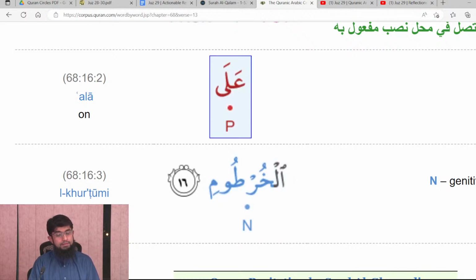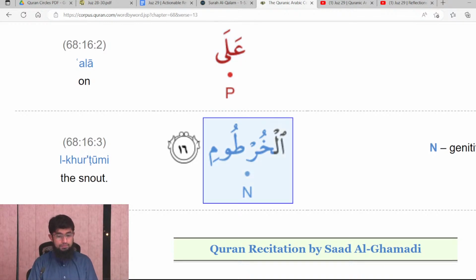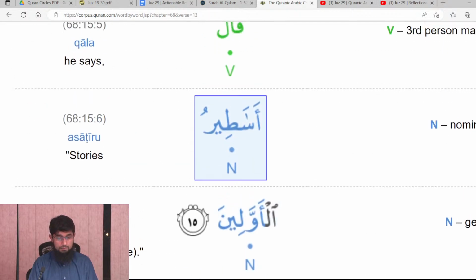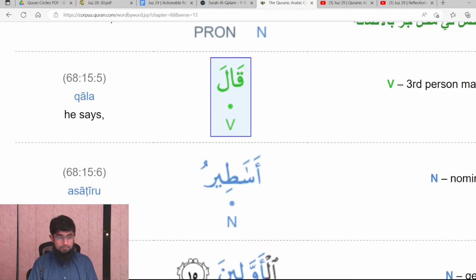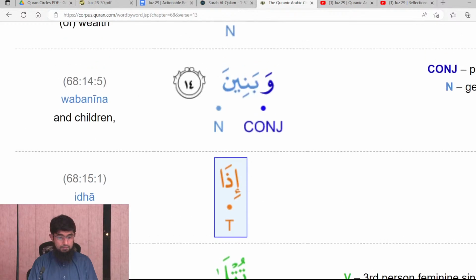Why is it khurtumi? Because of ala, oh, sorry. Again, doesn't matter, but just now that we had talked about it, so showing off, right? That okay, this is where you can use it. Ala al khurt. Yes. Sorry, where? What was that? Go on the top where we were discussing, yeah. Let's go up more, the very beginning. Yes.